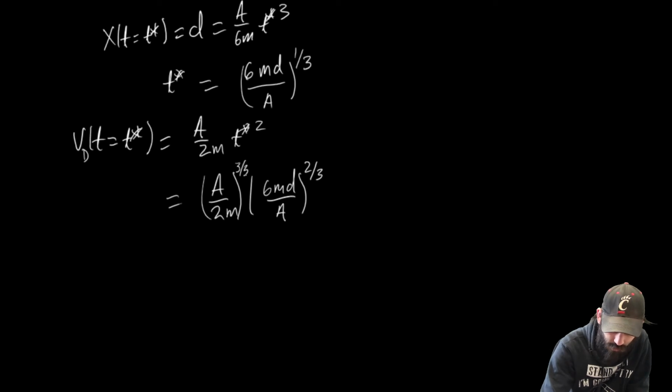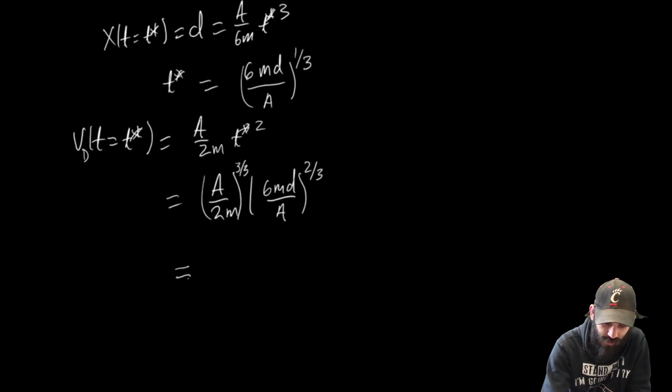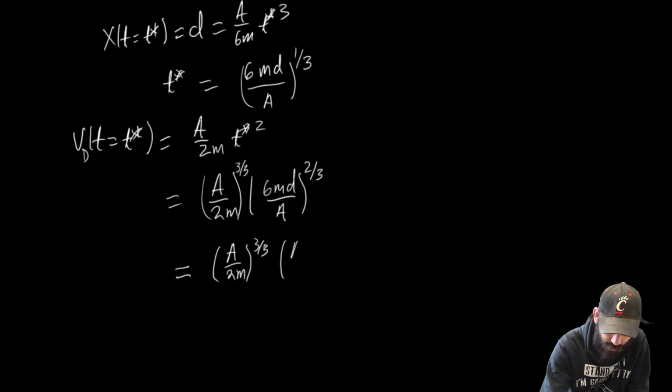And so we can bring this on the inside here, and ultimately we're going to be canceling some factors, because really you could rewrite this to say that this is going to be a over 2m to the 3/3 times a over 6m to the minus 2/3 times d to the 2/3.